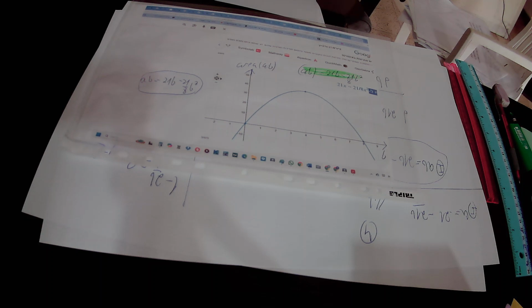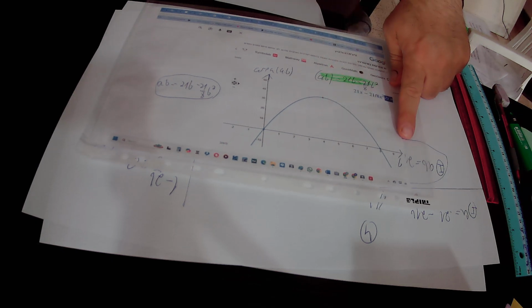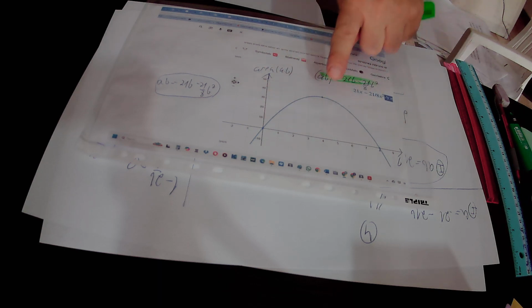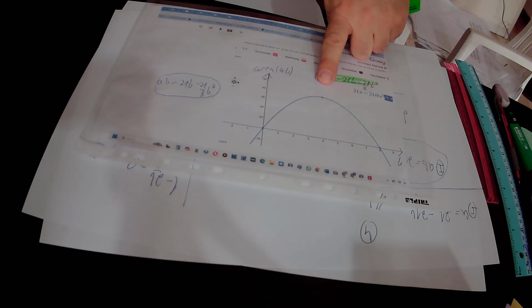Okay, and here you can definitely see that when b equals 4, where b is on the x-axis, the width, then the area equals 42. Therefore, this is a maximum extreme point.